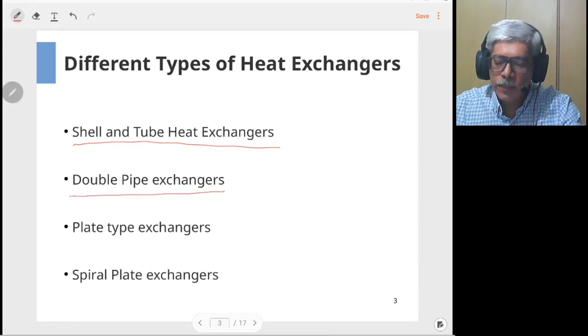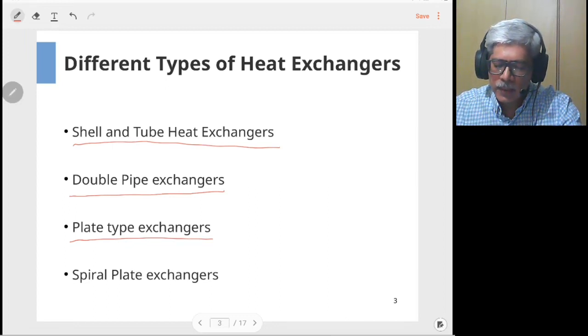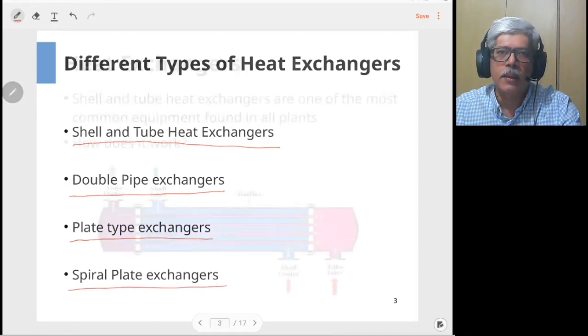These are double pipe heat exchangers, which provide very compact design for certain situations. Plate type of heat exchangers, again advantage in terms of size as well as ease of cleaning the exchangers, which is typically useful for industries such as food industries, and the spiral type heat exchangers. So that is yet another type of heat exchanger.